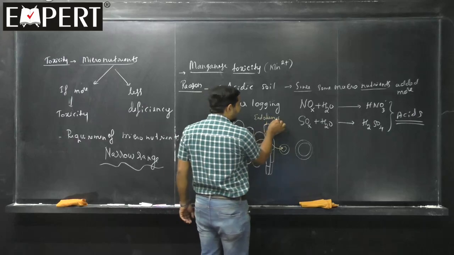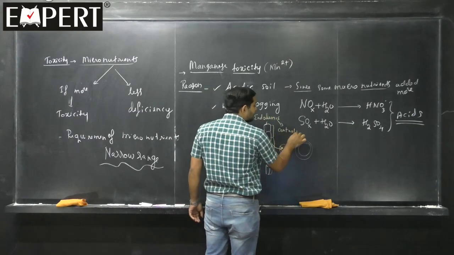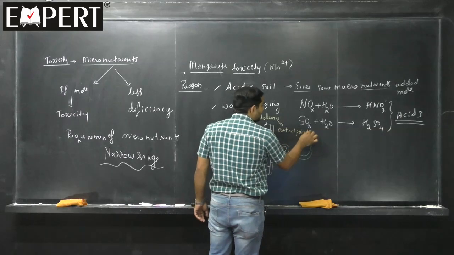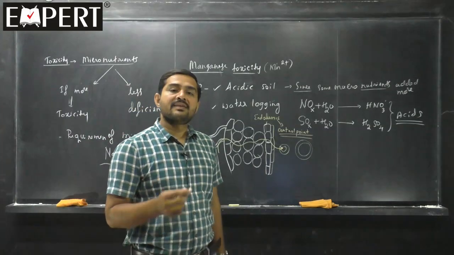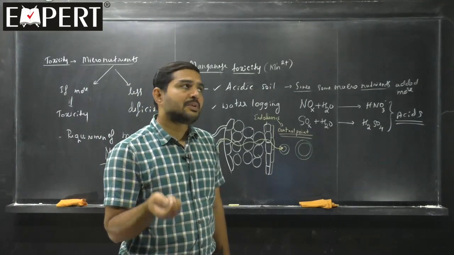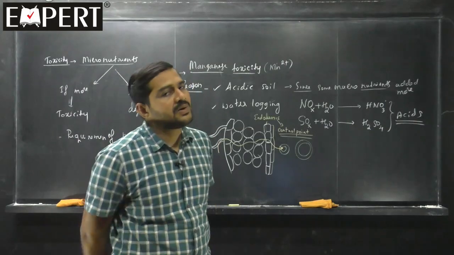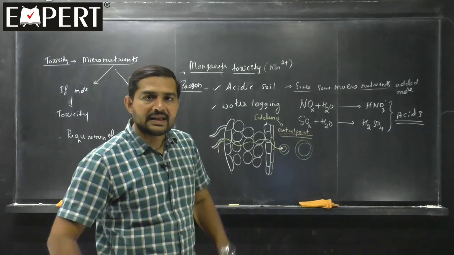So we say endodermis is the control point. Endodermis is the control point which regulates which mineral has to go and in which quantity it has to enter into the xylem, because after reaching the xylem it is going to be a mass flow there.